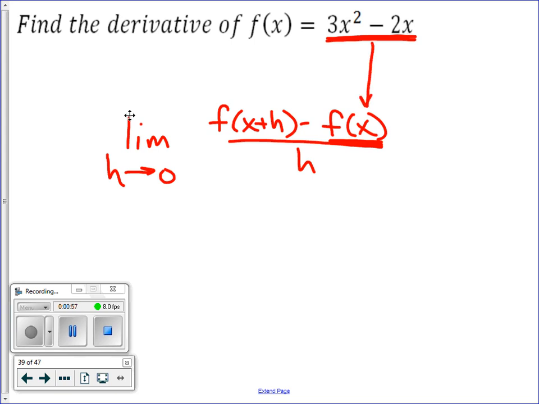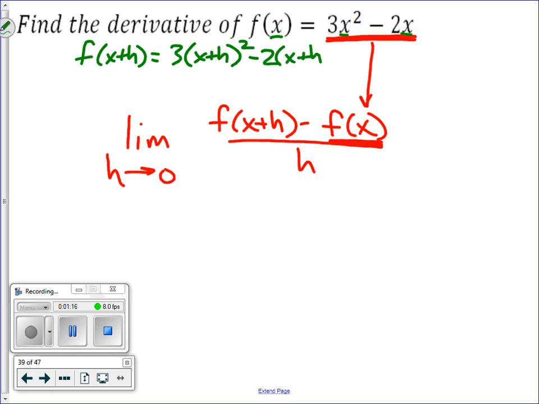And we need to figure out what is f of x plus h. If f of x is 3x squared minus 2x, then f of x plus h is 3 times (x plus h) squared minus 2 times (x plus h).